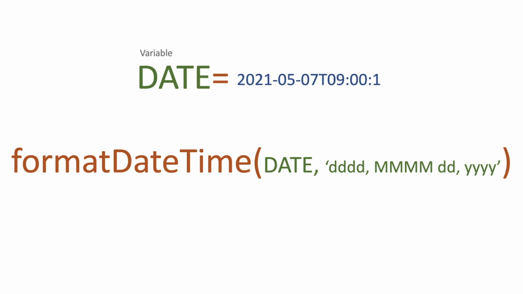Now this looks really confusing. There's loads of d's, loads of M's, capital M's, small d's, small y's. So what does this actually return us then? Well, this returns Friday, May 7th, 2021.